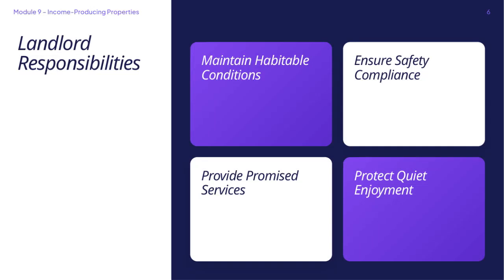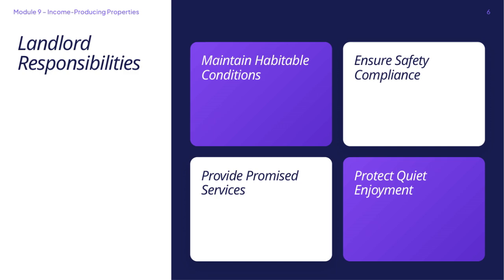Let's talk about the key responsibilities of landlords when it comes to managing income-producing properties. First and foremost, landlords must maintain habitable conditions in their properties. This means ensuring that the living space is safe, clean, and suitable for tenants to live in without health risks. Next, it's crucial to ensure safety compliance by adhering to all local building codes and safety regulations to protect tenants from hazards.